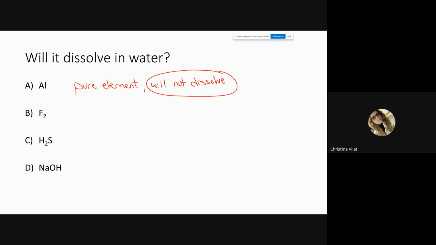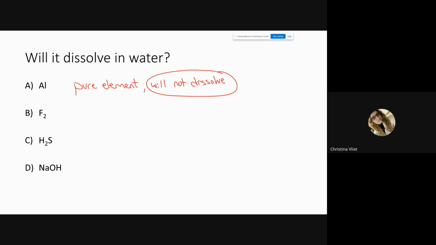All I'm trying to say is the question at hand is not will it react with water, it's will it dissolve in water, meaning will water be able to surround it and break it into parts. That's a different question than will it chemically react. So it won't dissolve, though it could slightly react.